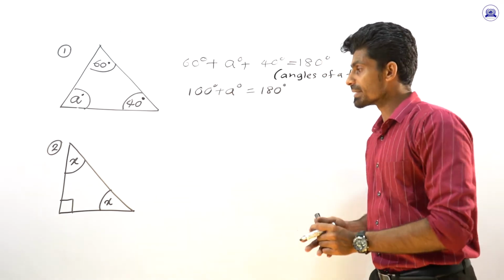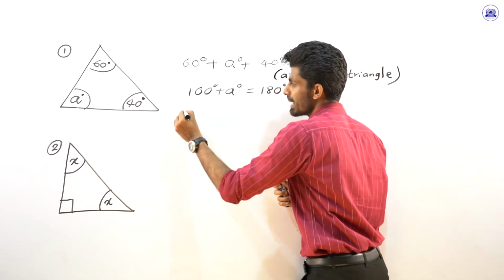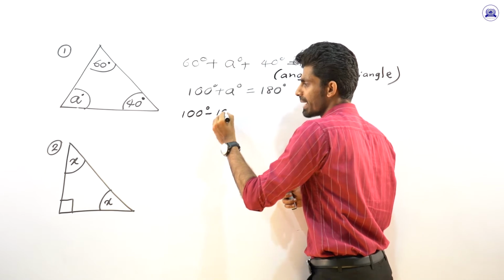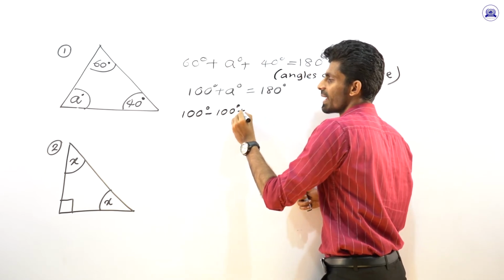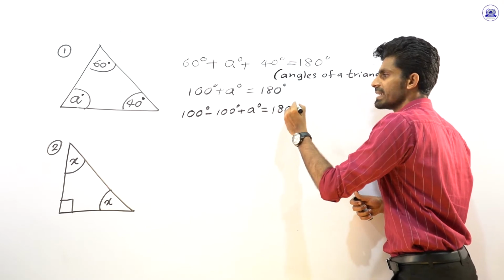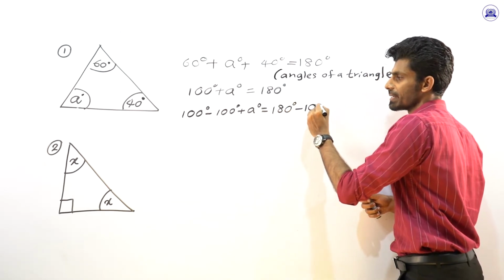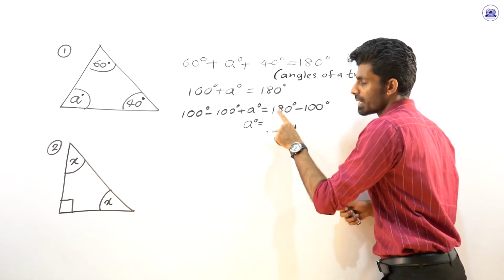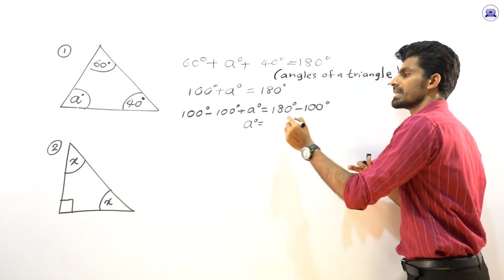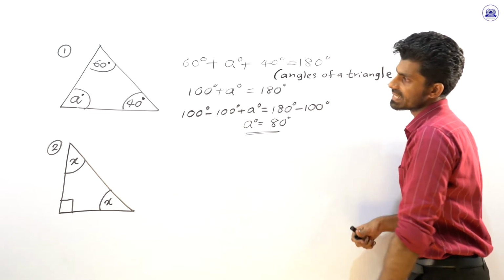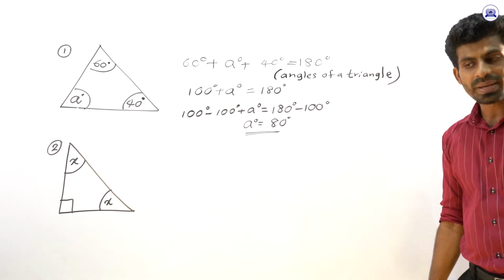To remove that 100, I need to subtract 100 from both sides. 100 minus 100 plus A equals 180 minus 100. So A equals 180 minus 100, which is 80. A equals 80.